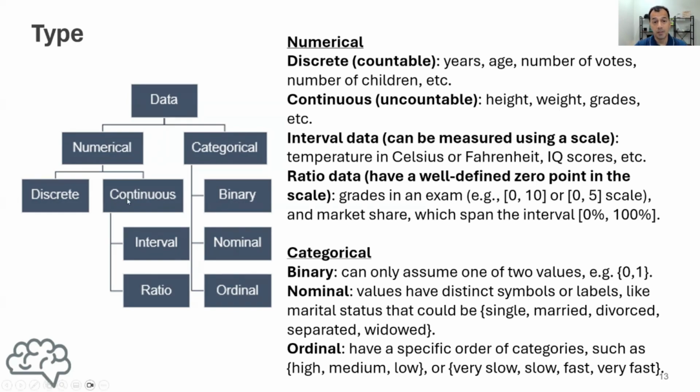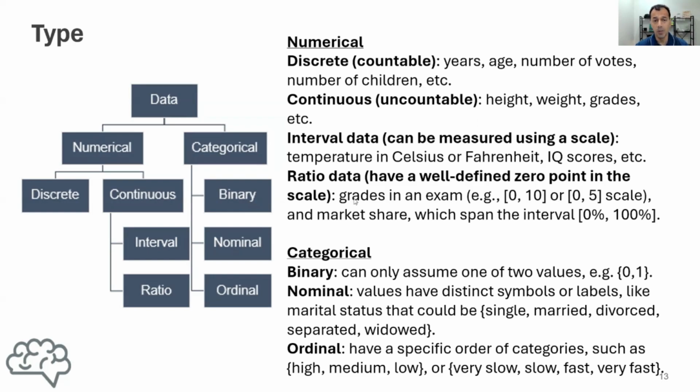And we can subdivide the continuous variables into interval variables or ratio variables. The interval variables are those that can be measured using one specific scale. For example, temperature can be measured in degrees Celsius or in degrees Fahrenheit. The IQ scores can be measured in one specific scale. Then we have the ratio data that are those that have a well-defined 0 point in this scale.